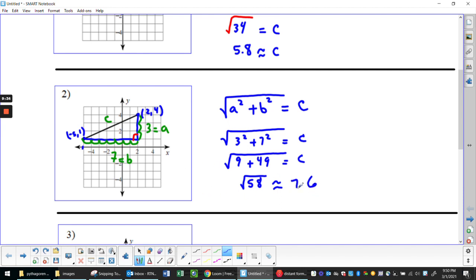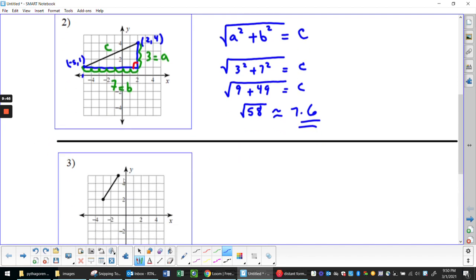Okay, so C is equal to 7.6, and we solve for that. Great.